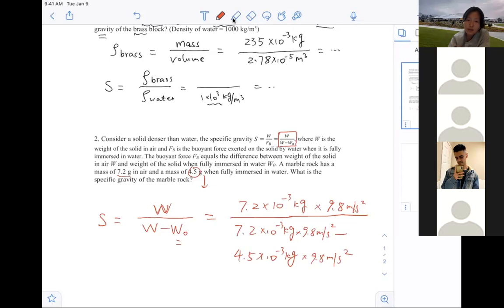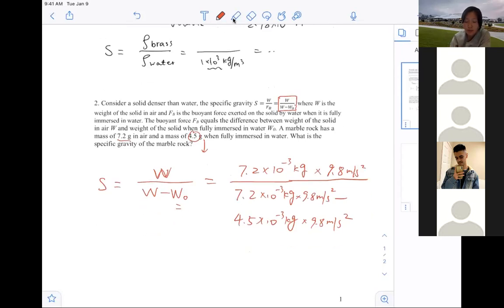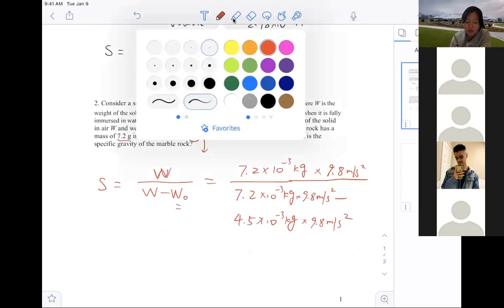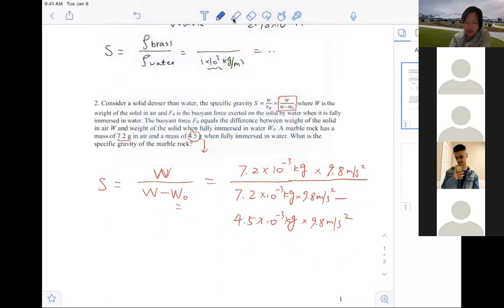But in terms of the calculation, it can be much more simplified because they all have the same g, the same grams units, and you all convert it to kilograms from grams. So you could have simplified this directly, saying I'm just going to use the mass in grams, divided by the mass in grams, and that's going to give me my specific gravity.